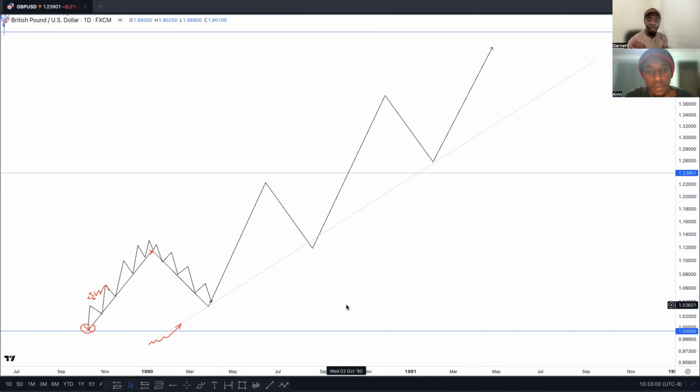Okay. You see? So what you see on the daily time frame as a swing move, on a lower time frame, it's not just a swing move. On a lower time frame, what you're looking at is actually a trend on its own. So if you look at this piece of price action again, right here, price pulls back to an area like this, and then it takes off, giving you another swing move right here.